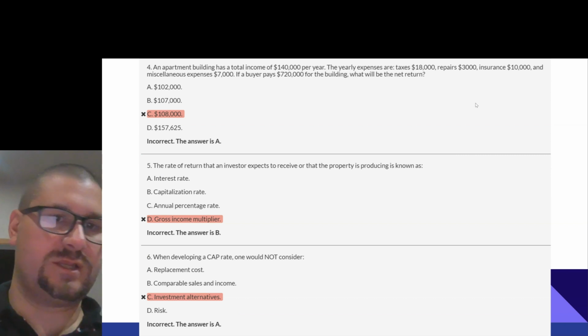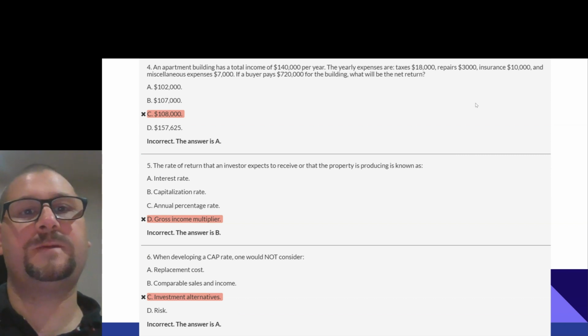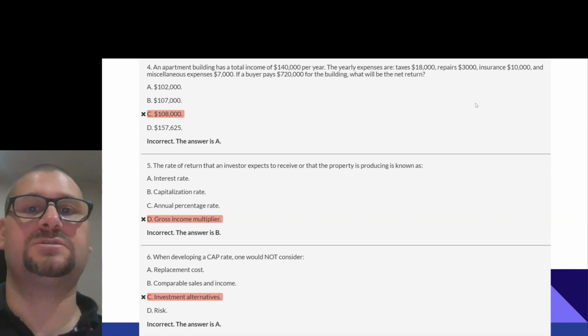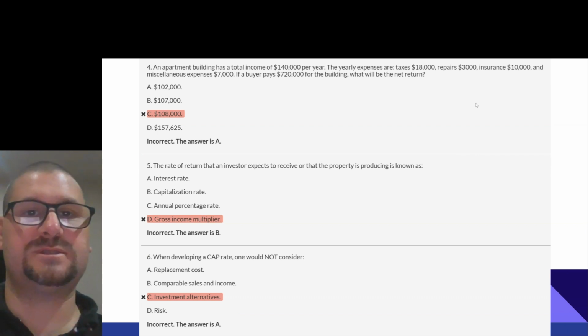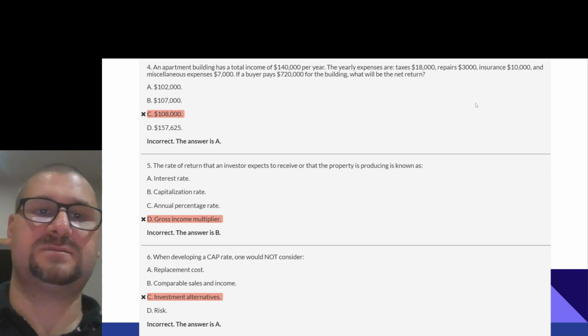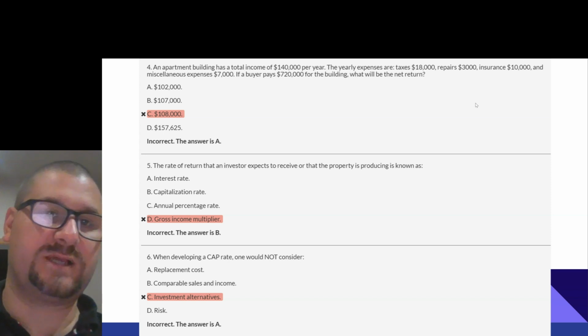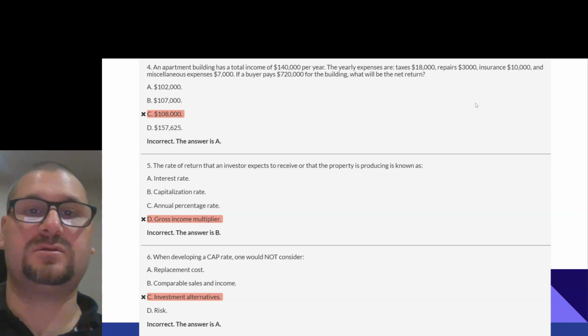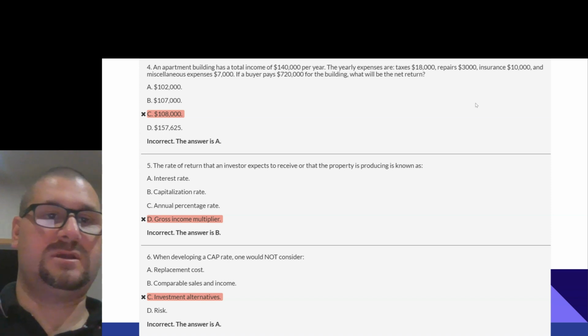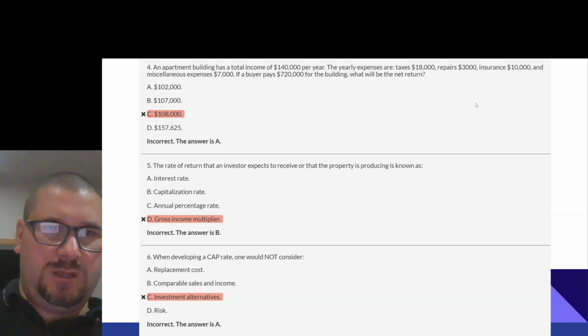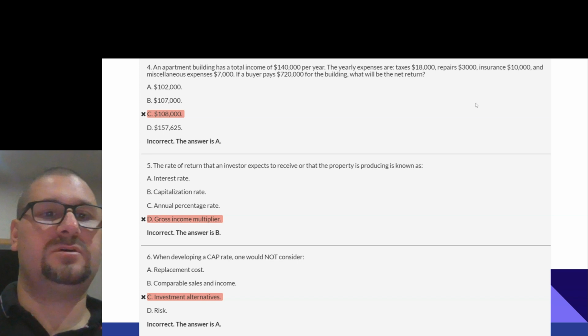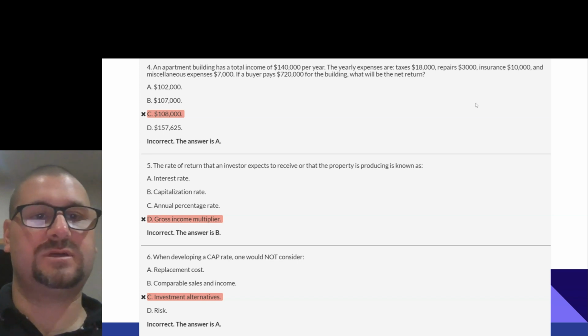Capitalization rate is the rate of return that an investor expects to receive, or that the property is producing. That's the cap rate. Is it interest rate? No. Annual percentage rate? No. Gross income multiplier? No.